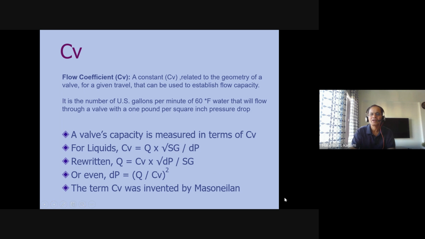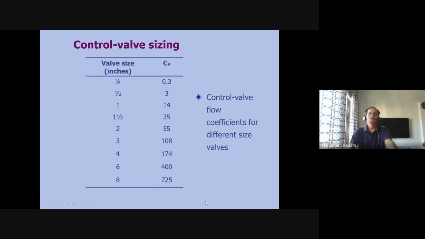CV was invented by Masoneilan, one of the reputed manufacturers in critical valve manufacturing, along with Fisher, but the term CV was invented by Masoneilan. For control valve sizing, you see this quarter inch valve with 0.3 CV, the control flow coefficient for different size valves. Accordingly you will get this chart: 3 CV for a half inch valve, 14 CV for a 1 inch valve. As CV increases, the size of the valve increases.